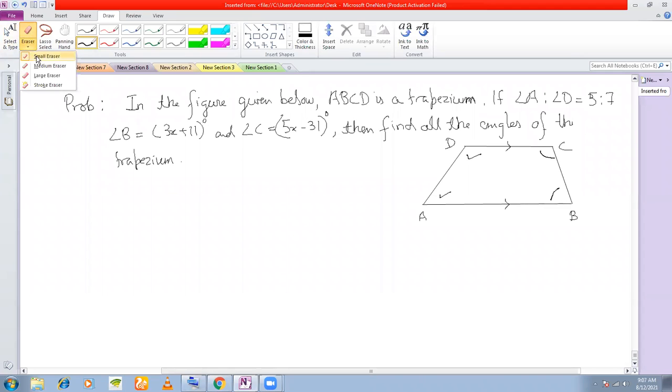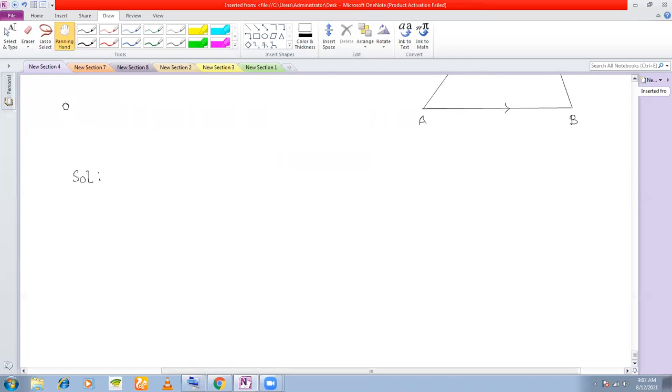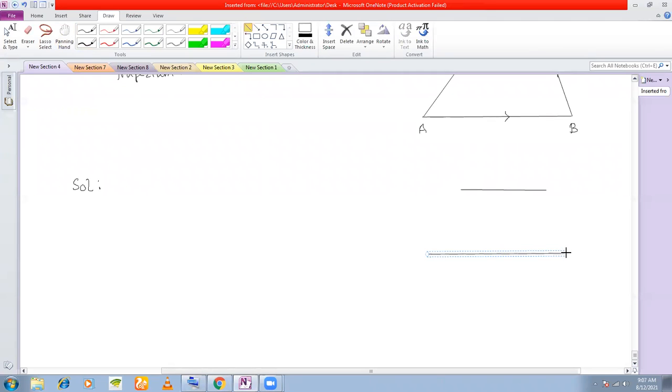Okay, so let's redraw the figure and label it. Okay, so now which angles are given?